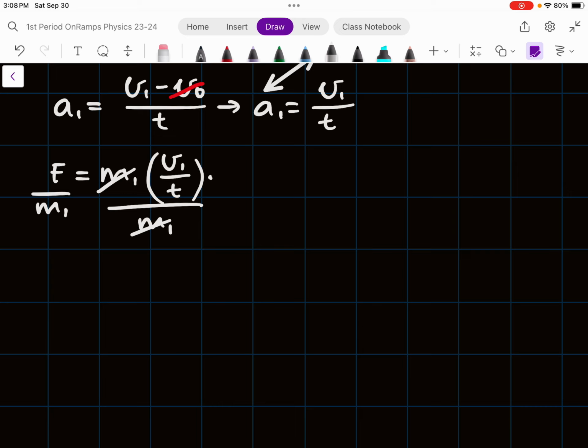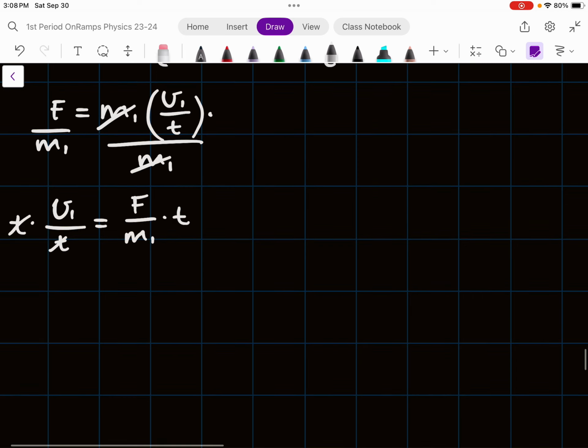So then velocity 1 divided by time is equal to force divided by mass 1. Then we multiply. Now we do multiply times t. And velocity 1 is equal to force multiplied by time divided by mass 1. This could be a great segue to talk about momentum, but I digress.